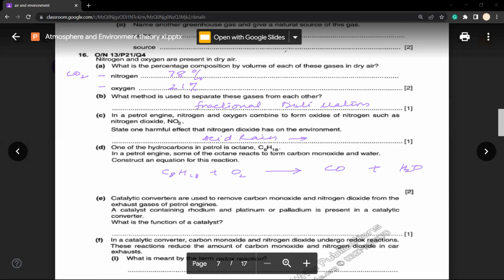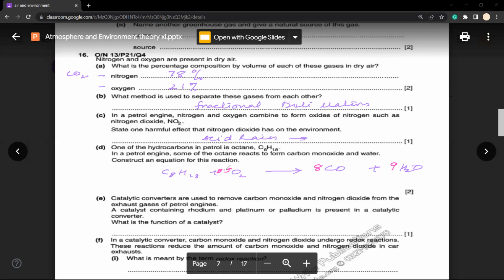So let's balance it out. We have C8, so let's put 8 over here, and we have 18 H here, so let's put 9 here. Now after balancing carbon and hydrogen, let's balance the oxygen. We have 8 plus 9, which makes 17. Half of 17 is 8.5, right?